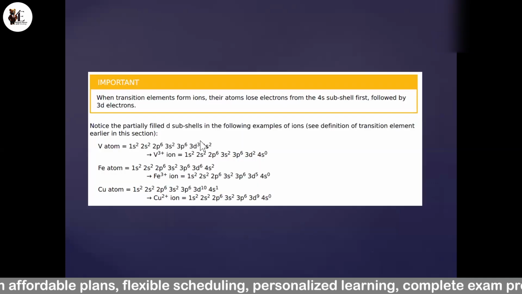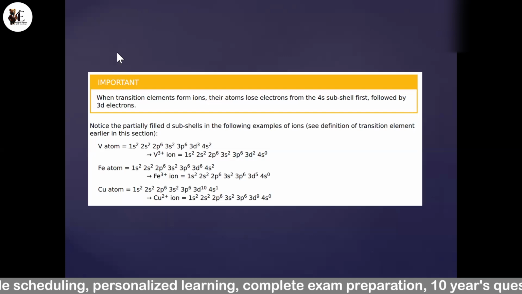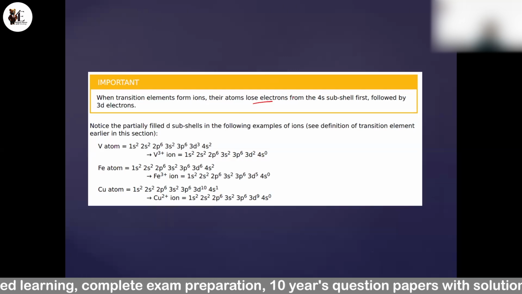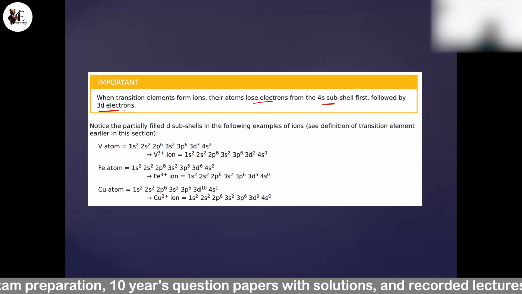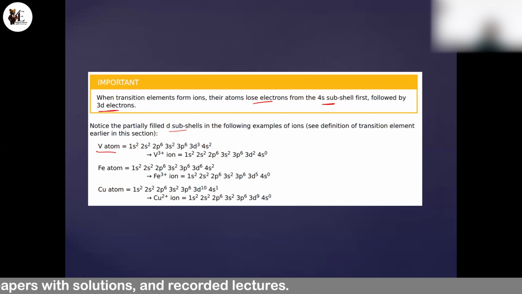This is an important point: when transition elements form ions, their atoms lose electrons from the 4s subshell first, and then they lose electrons from the 3d subshell. Notice the partially filled d subshells in these examples. For the vanadium atom it is this.